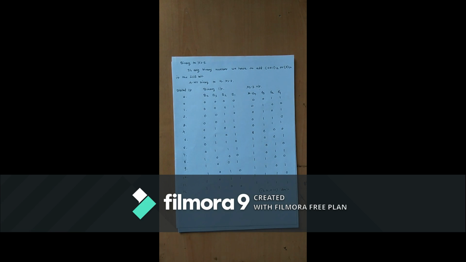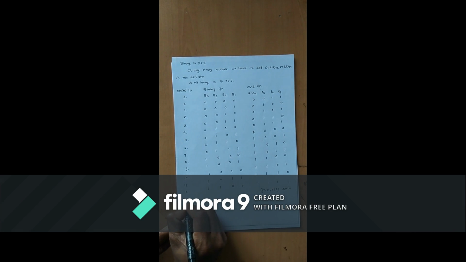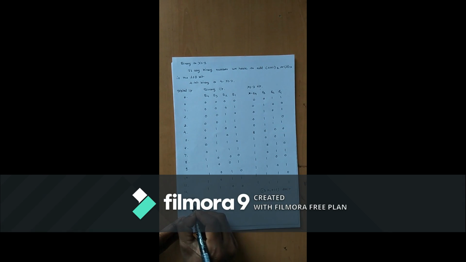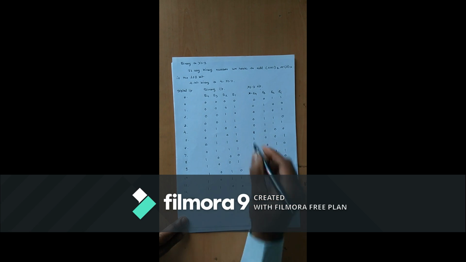With the help of this conversion table, let's find out the minterms. For the minterms of E4, consider only the ones, which is the rule to find the minterms. The minterms are 5, 6, 7, 8, 9, 10, 11, 12, plus don't care conditions 13, 14, 15.